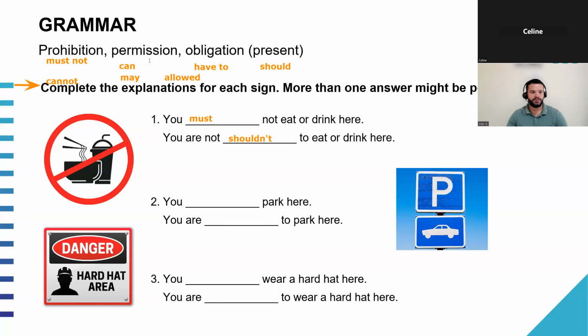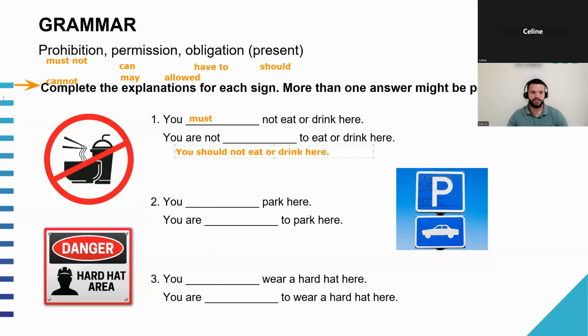So for this one, Teacher, you are not shouldn't. I don't understand. Okay. The correct order is backwards. So the correct order is you should not eat or drink here. This would be the correct sentence here, okay?